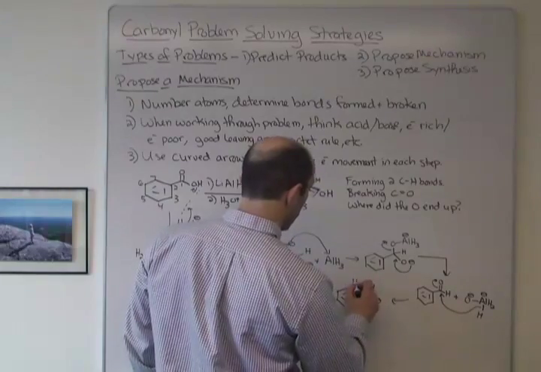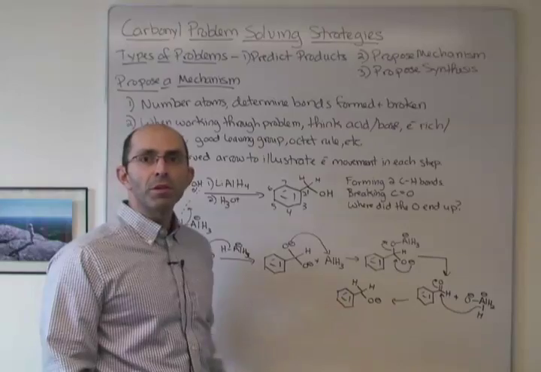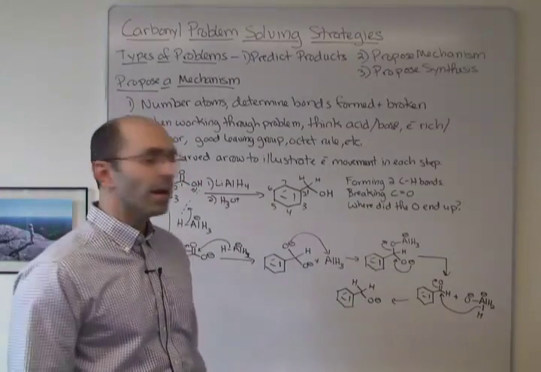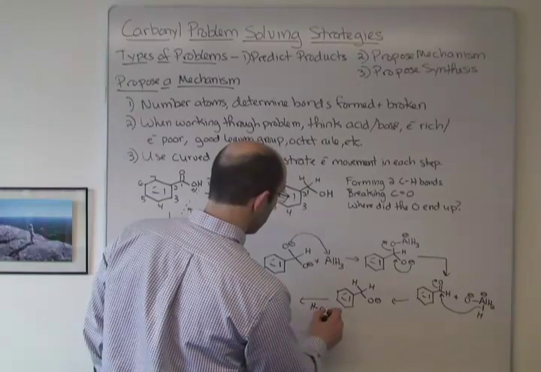That enables us to form our second CH bond. Now we have something with a tetrahedral intermediate that's completely unreactive, and that's going to be stable until we add acid.